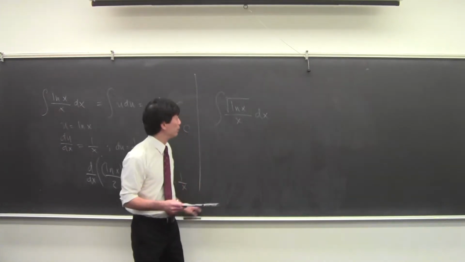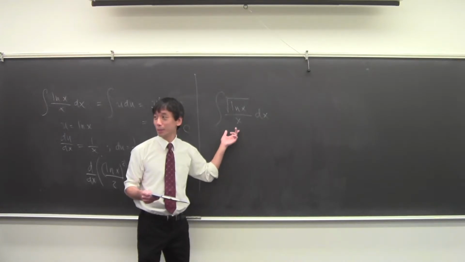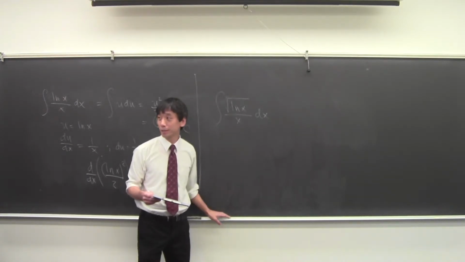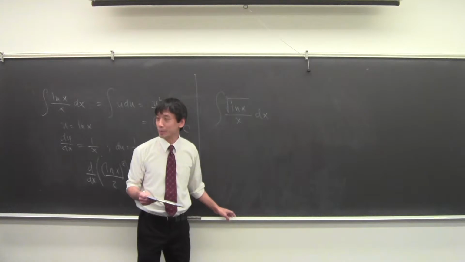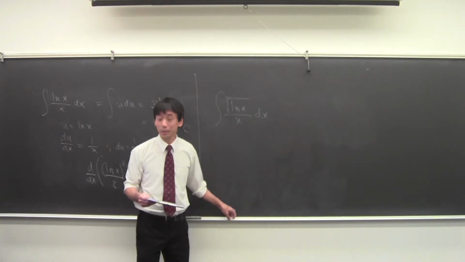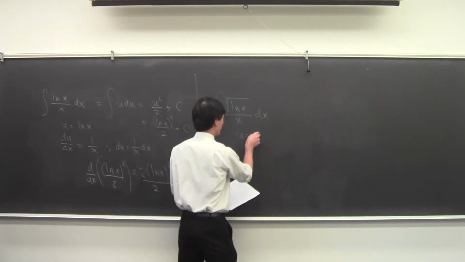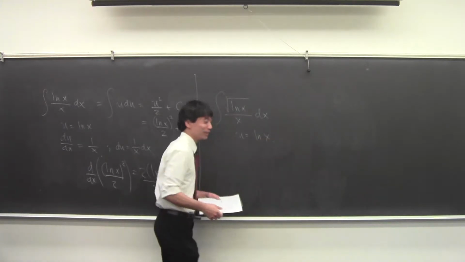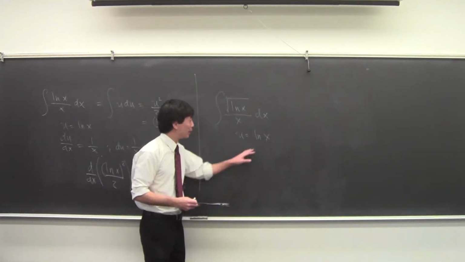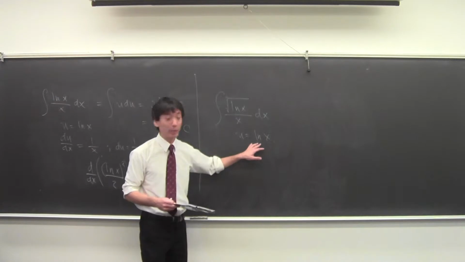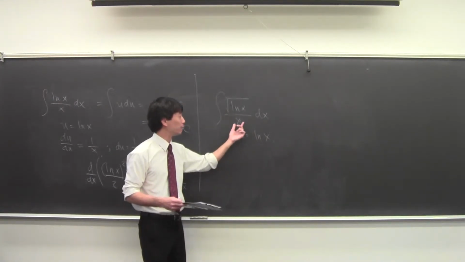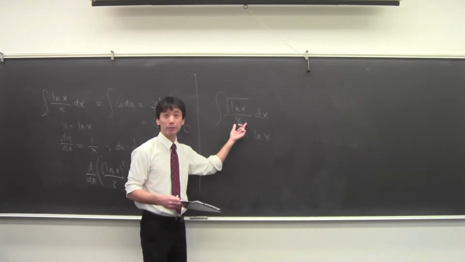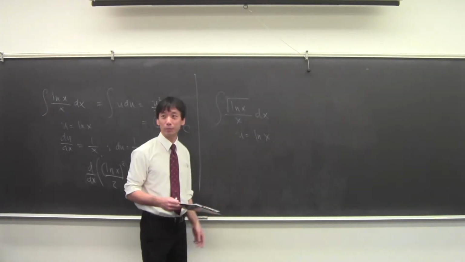Somebody tell me what u I should take this time. Natural log of x. Yes. Jessica. And same reason, because you see that the derivative is 1 over x, and we've got the derivative.